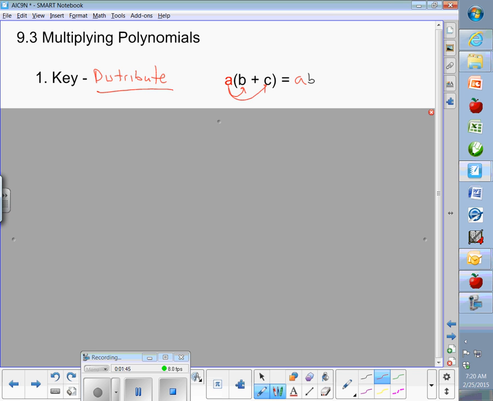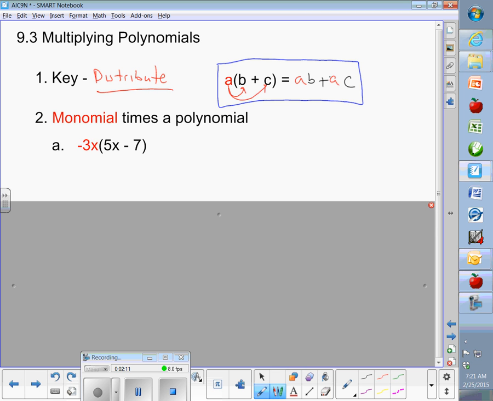Positive A times a positive C gives me a positive A times C, the distributive property. All right, we've done it many times. We've used it already. So that's the aspect of multiplying polynomials. That's the principle, and you'll see it applied many times over as we go through the lesson today.